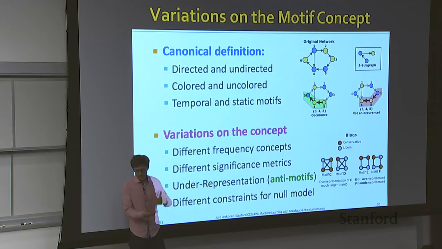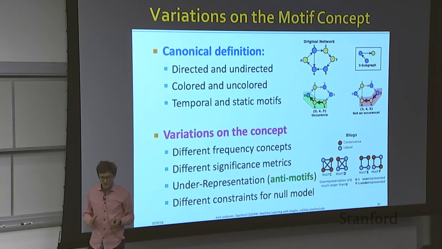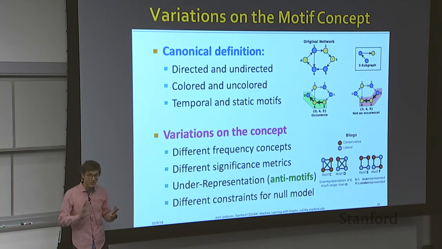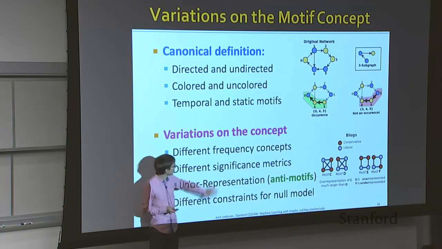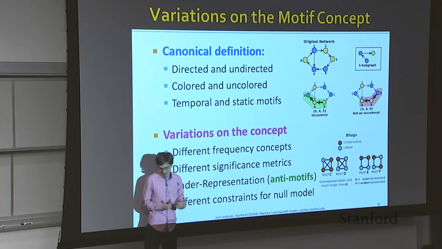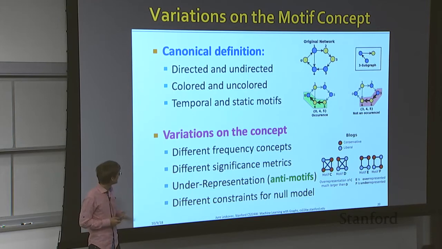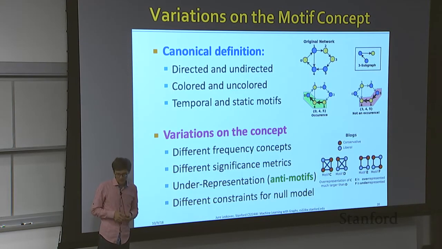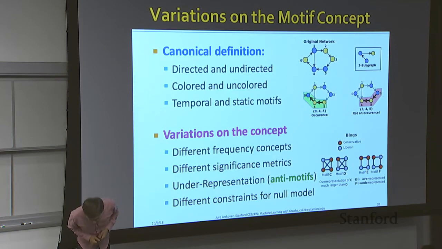So there is a huge body of work that goes in these different directions, extending the concepts that I presented. If you are interested in any of these things, I'm happy to point you to papers. There's a lot of research on this topic. Some of them we even did in our group a few years ago. Okay? So that's what I wanted to say about network motifs.